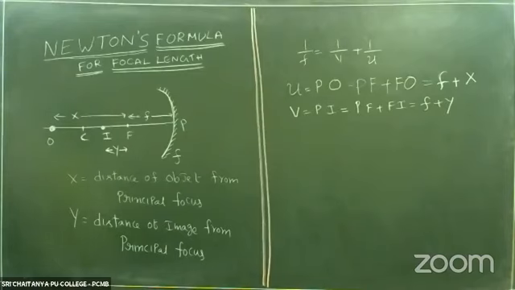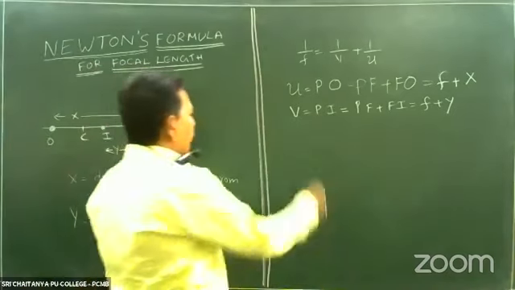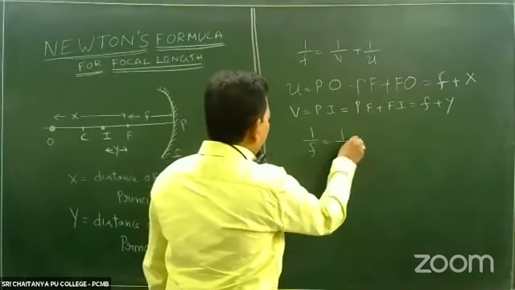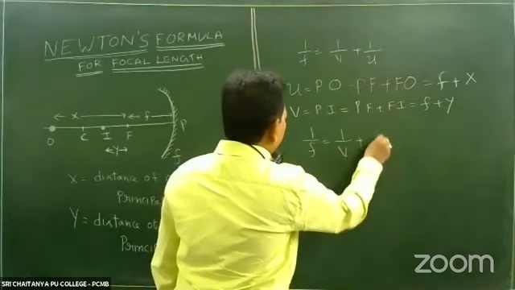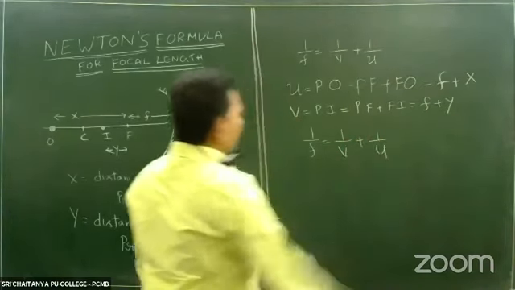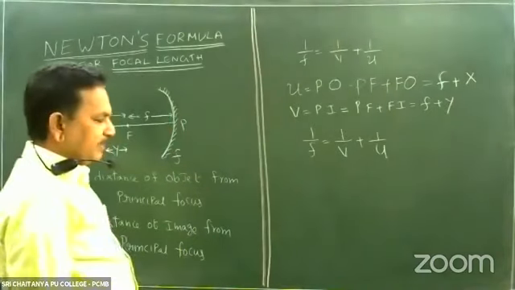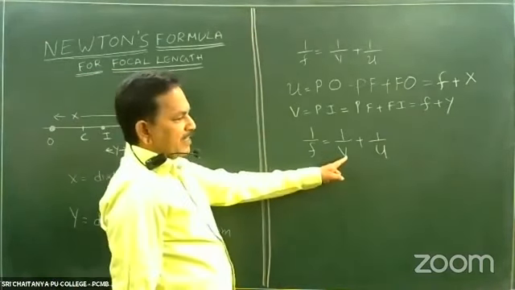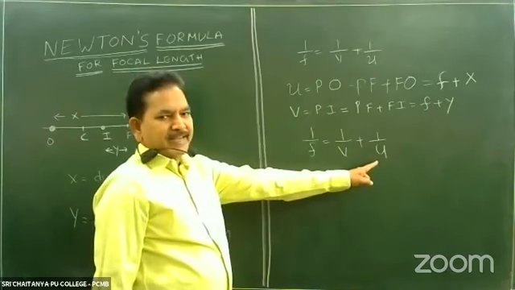So 1 by f is equal to 1 by v plus 1 by u. If we take the sign convention, f is negative, v is negative, and u is negative.